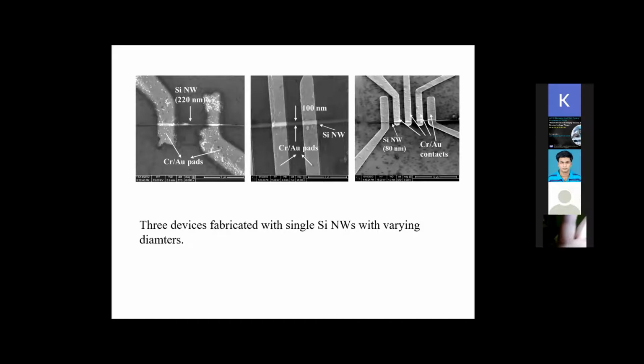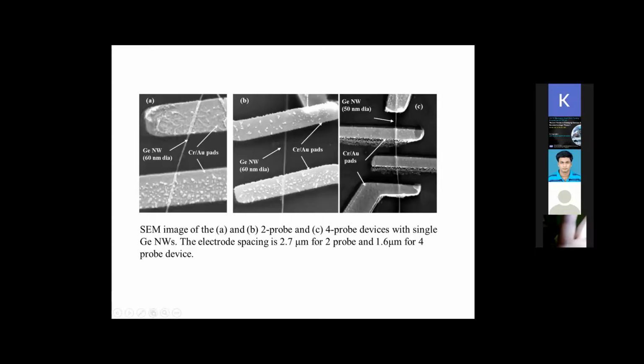So only the connections you can see on the single nanowire. One is, let's say, 220 nanometer, 100 nanometer, one in 50 nanometer. There are also 60 nanometer gold nanowire and so on. So we are making connections both 2 probe or 4 probe, whatever we desire. So all these things are possible only because of the electron beam lithography.